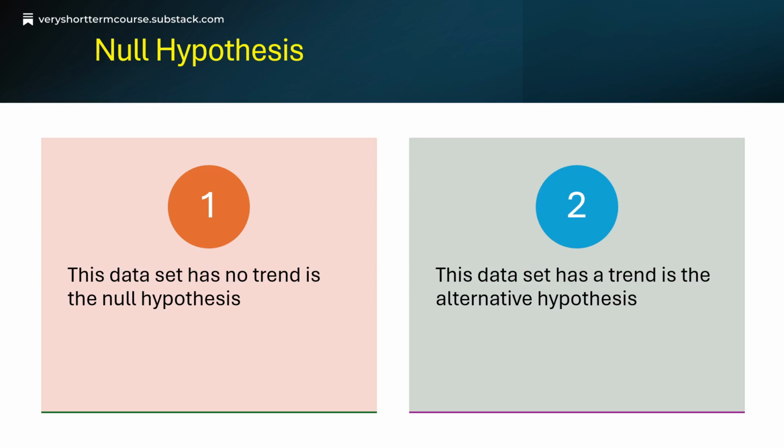And the alternative hypothesis is, if the null hypothesis is incorrect, then the alternative hypothesis is correct. Hence, as the null hypothesis is that the data set has no trend, if the null hypothesis is not correct, then the data set has a trend, which will automatically be the alternative hypothesis.